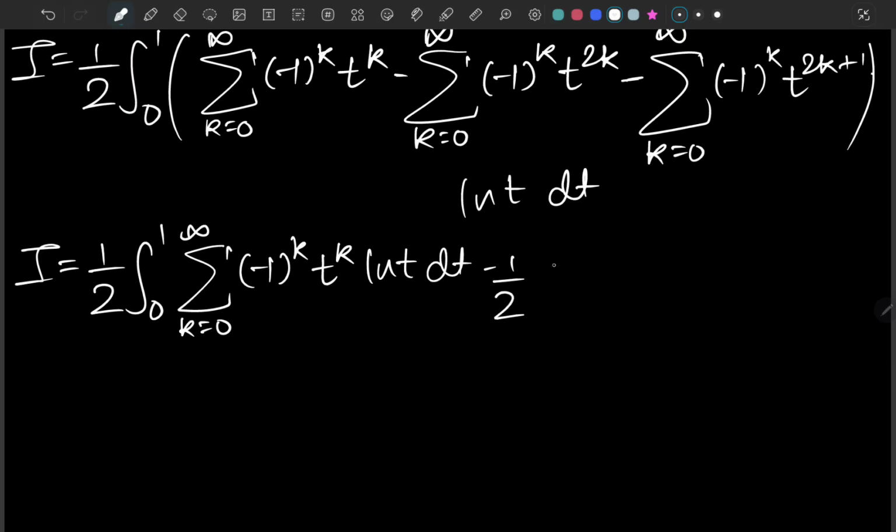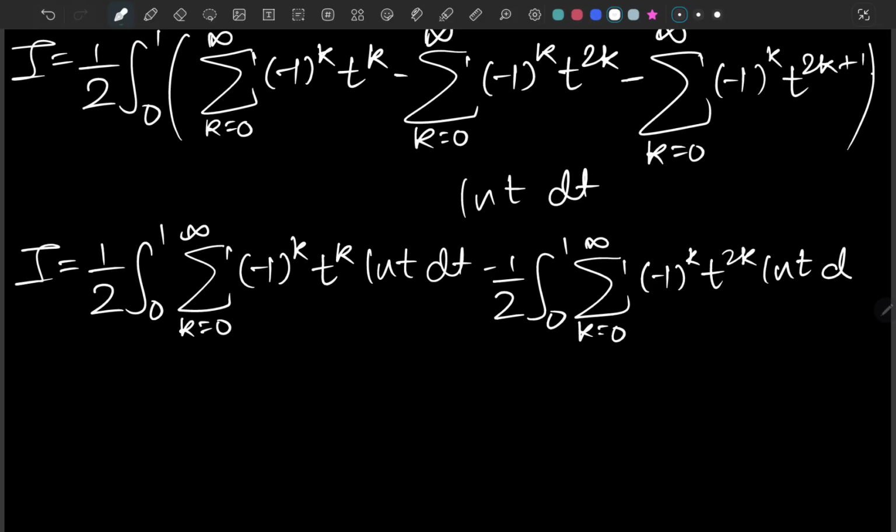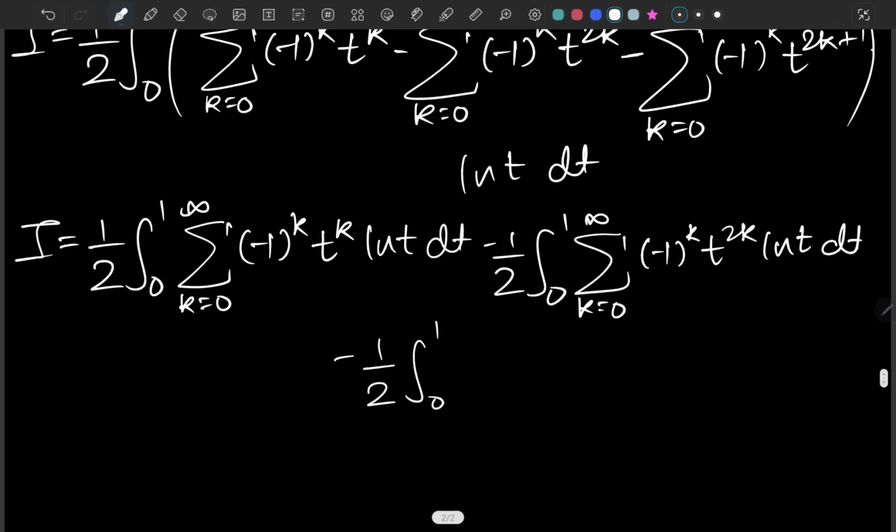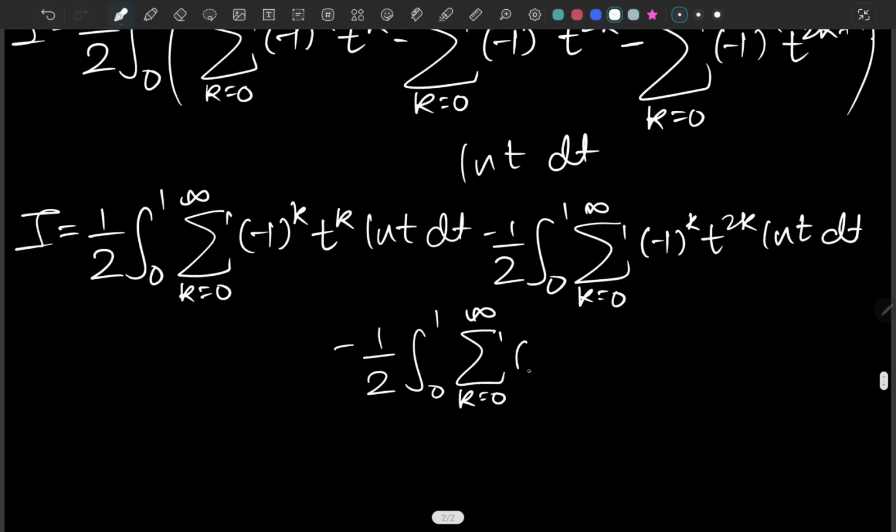Negative 1 over 2 integral from 0 to 1 the sum as k goes from 0 to infinity of negative 1 to the k t to the 2k ln t dt, right? And finally the last term, negative 1 over 2 integral from 0 to 1 of the sum as k goes from 0 to infinity of negative 1 to the k t to the 2k plus 1 ln t dt.